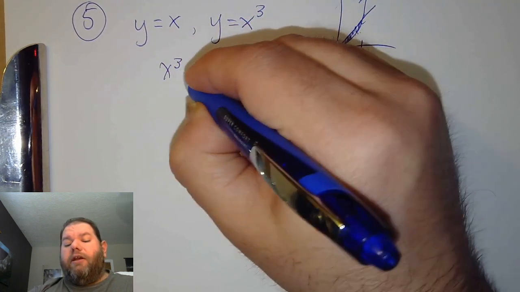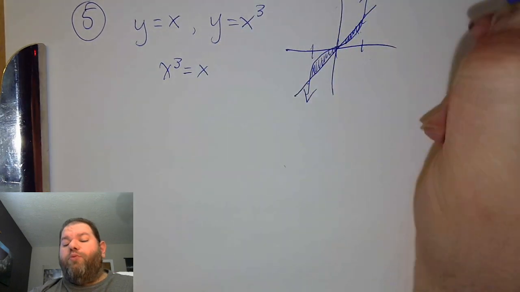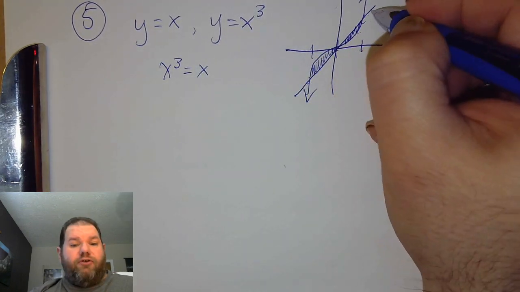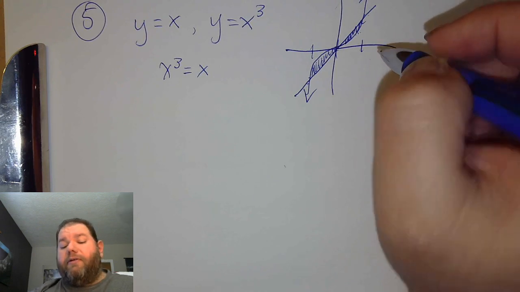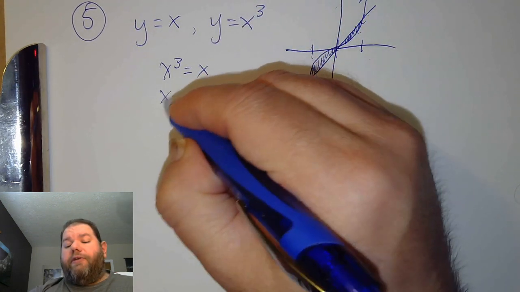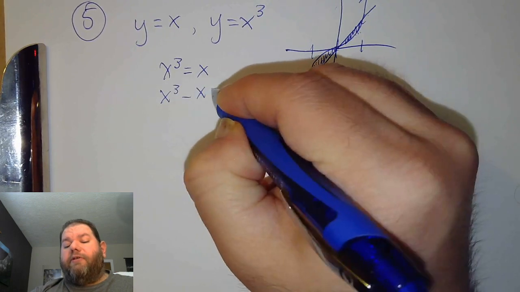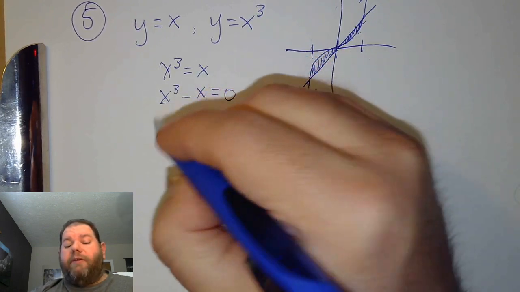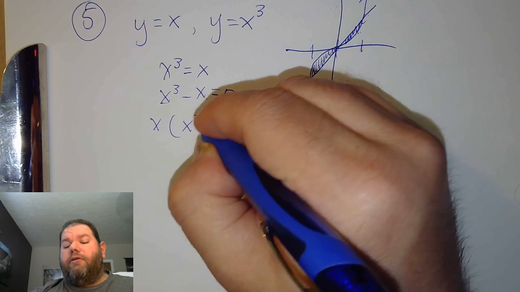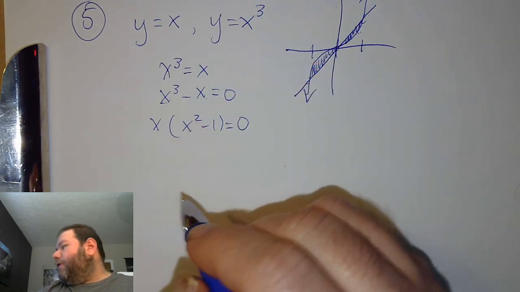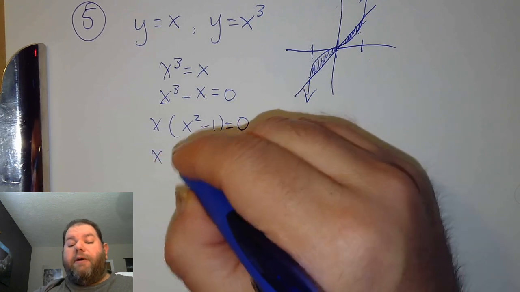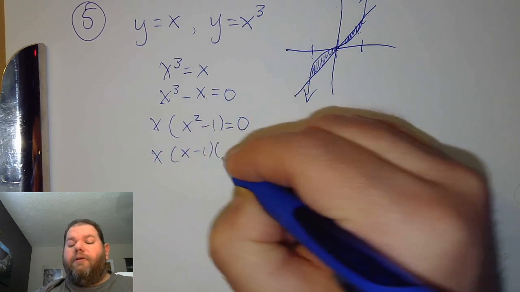If we set them equal to each other, we can figure out what these points of intersection are, and that'll tell us what the limits of integration will be. Now I would say, okay, let's subtract their x on the left. That way we have a common x to factor out. And if we have x squared minus 1, then we know that's x minus 1 times x plus 1.